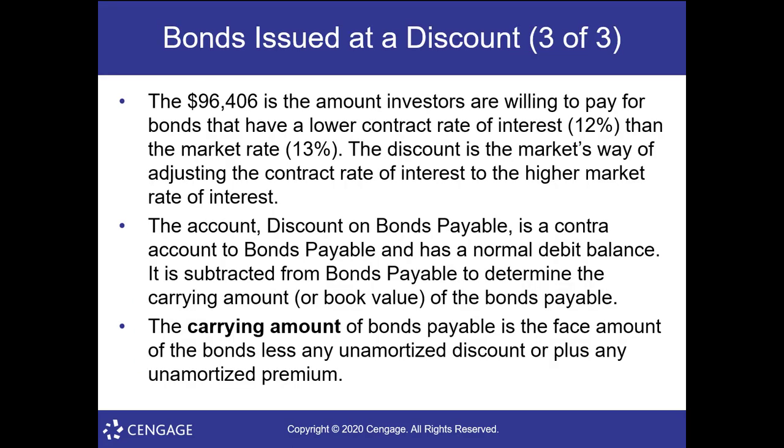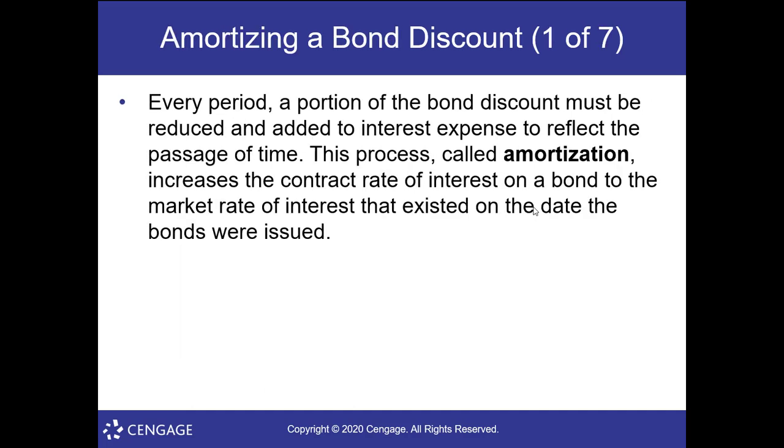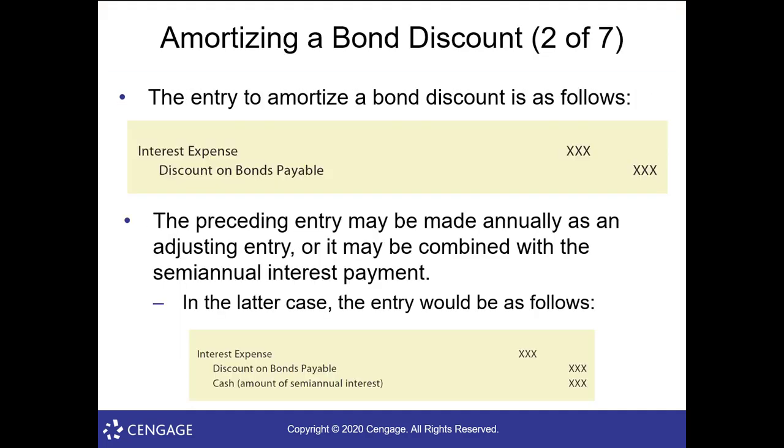So then the amortization of the bond discount is going to occur every 6 months. We're going to have a debit to interest expense and a credit to discount on bonds payable, slowly whittling away at that amount of discount, that $3,600 amount.